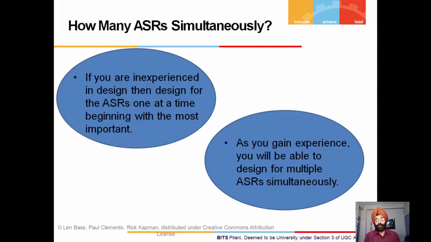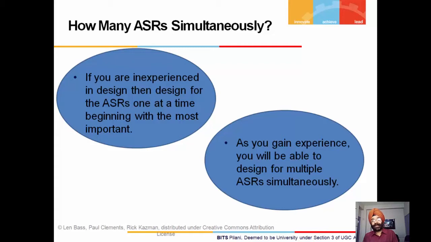Now, you could be an experienced architect, or you may be raw. If you are a raw architect, you start designing to the most important ASR first. Take care of it, and having satisfied it, then look at the next, because there is no point satisfying items which are lower in priority and leaving out what is right on top. Gradually, you go down step by step and try to take care of all the ASRs.